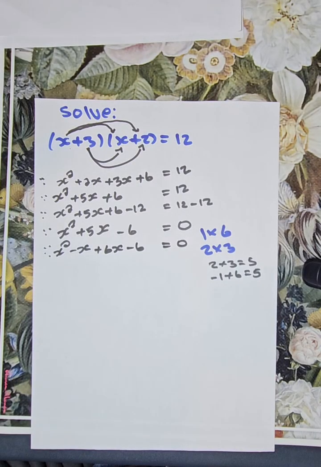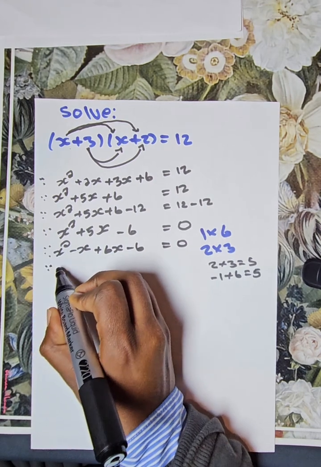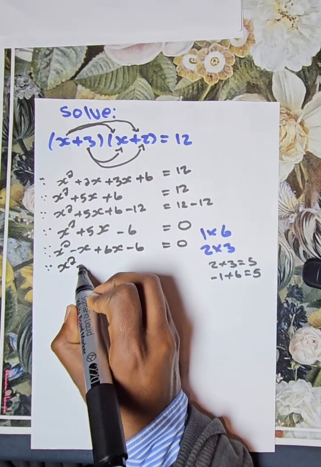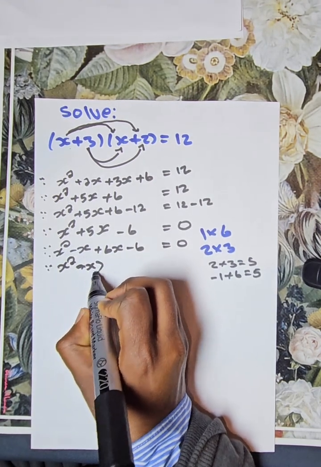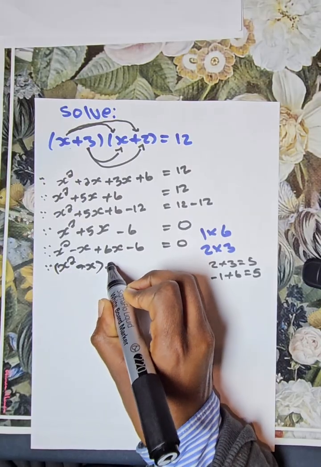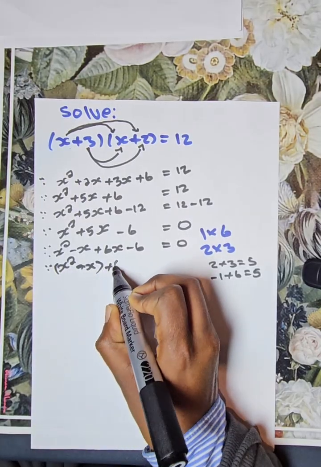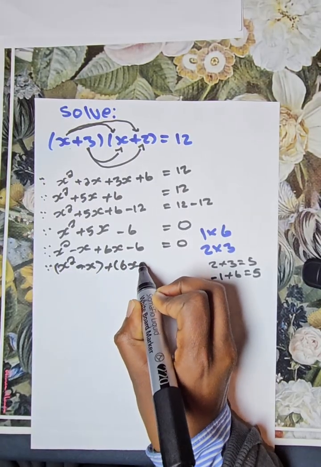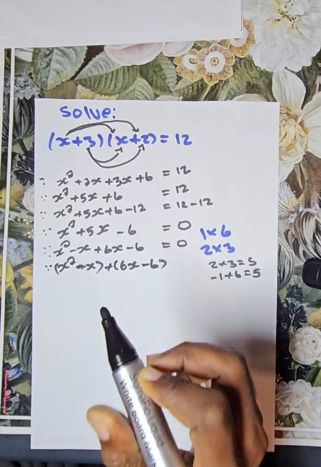Now, our steps going on, we then group. We group x squared minus x in one group plus the group 6x minus 6.